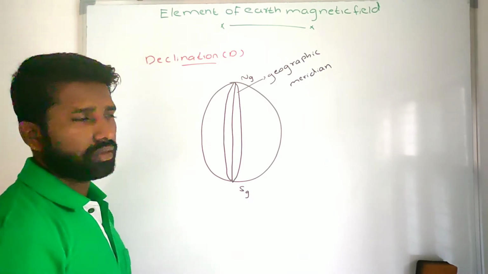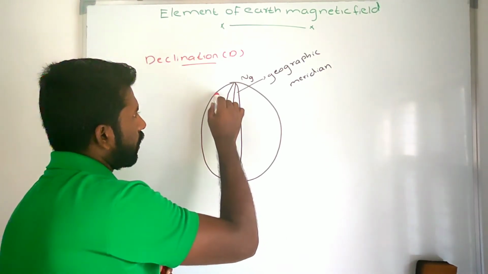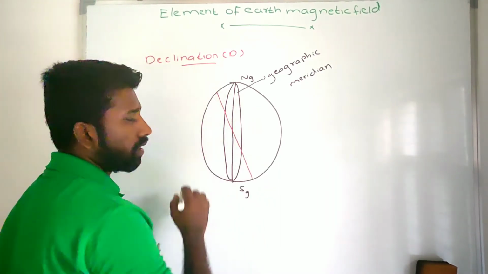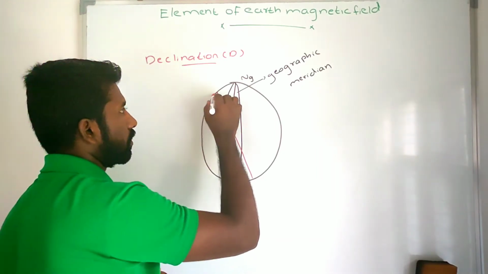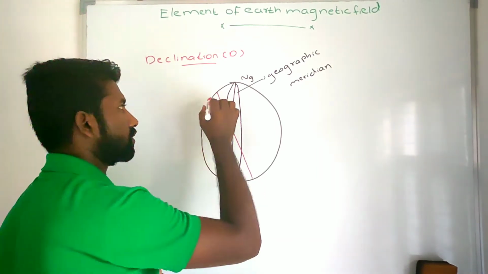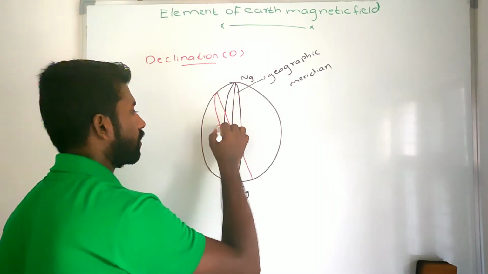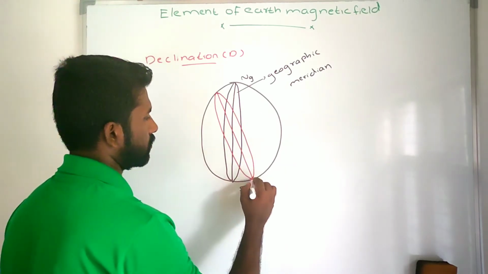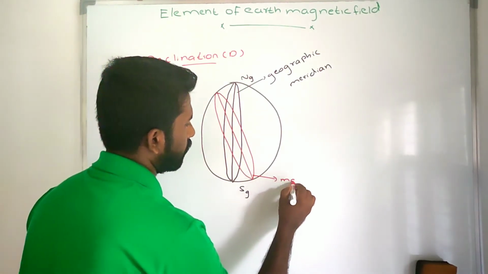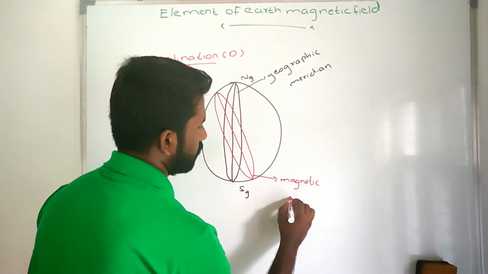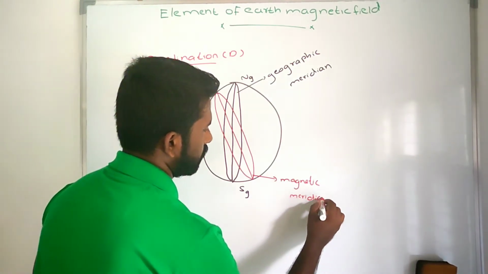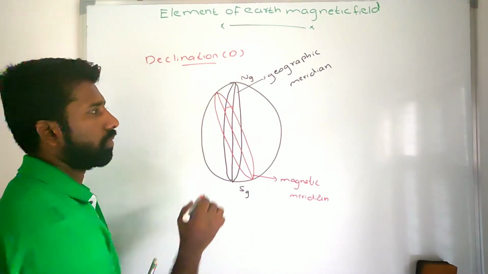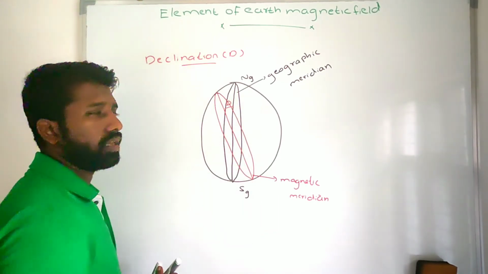Then consider the axis of the earth's magnetic dipole, and draw a vertical plane containing this magnetic axis. That plane is called the magnetic meridian. The angle between the geographic meridian and the magnetic meridian is declination.